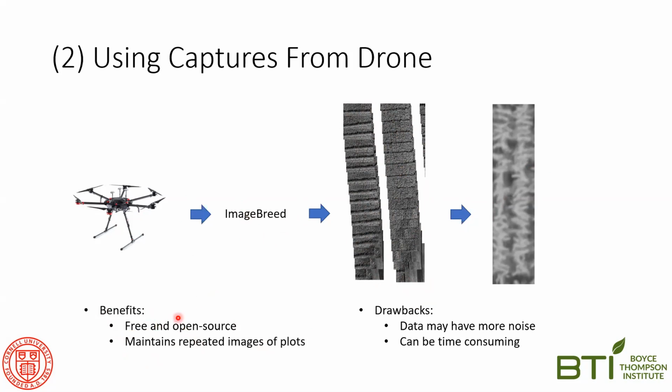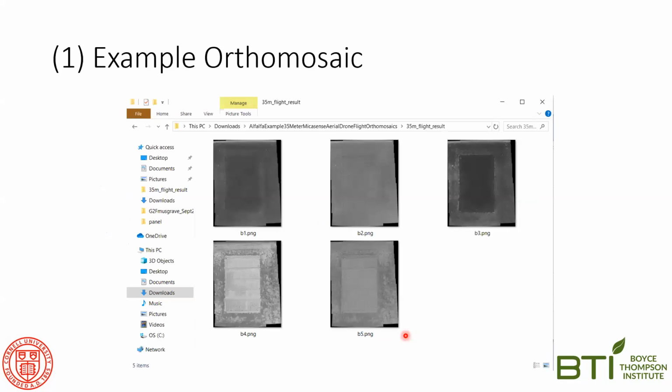We want this to be free and open source, and you get the repeated measurements from all of the different captures. What I've seen though is maybe the phenotypes that we're extracting have more noise, and also it can be time consuming.